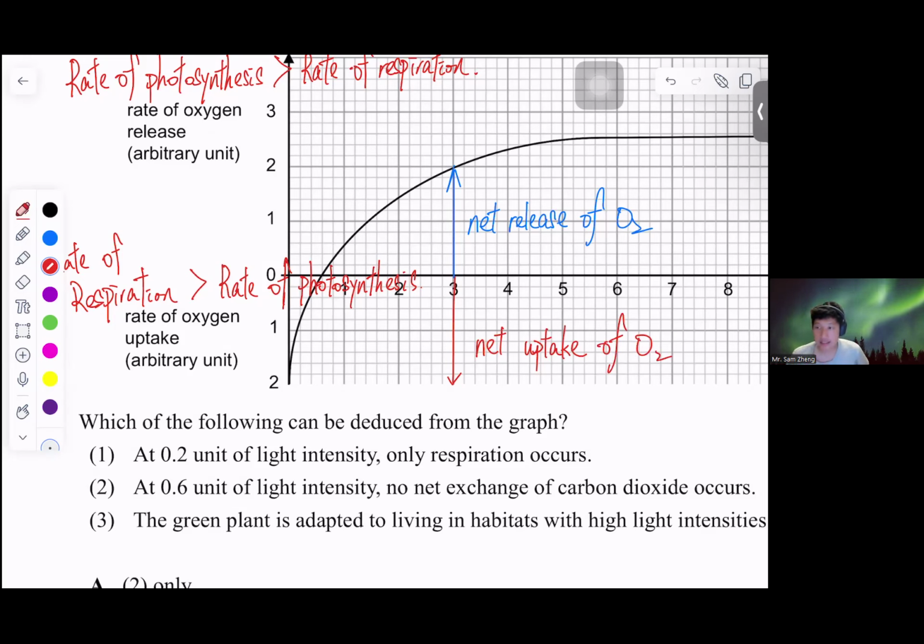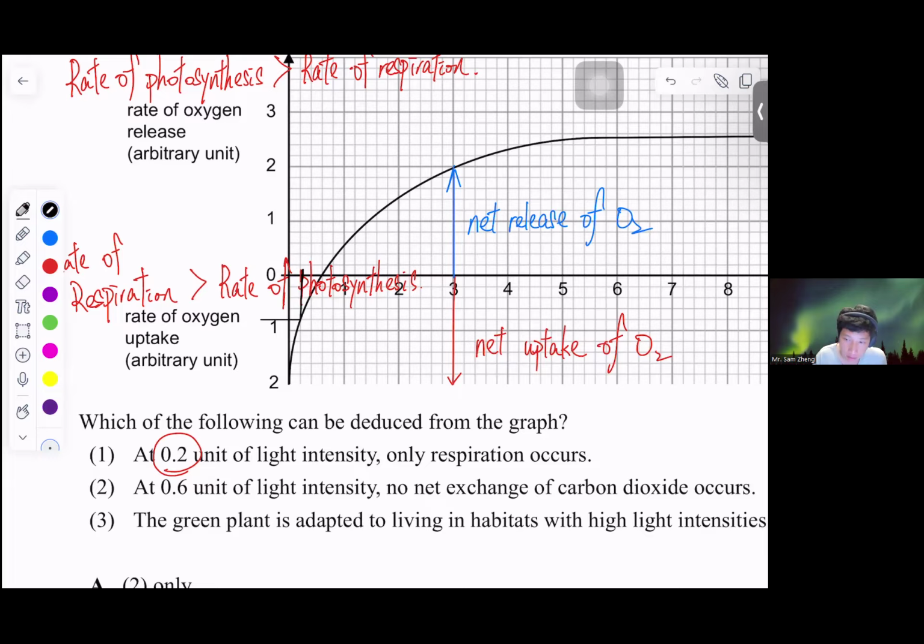With this idea, let us think about what is happening in each statement. At 0.2 units, it would be here. This statement mentions that only respiration occurs.